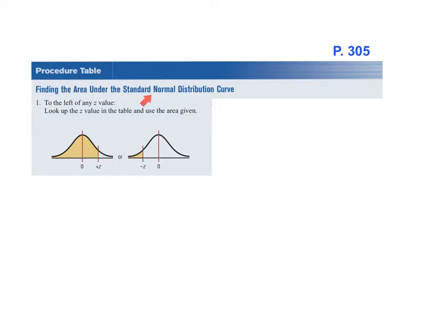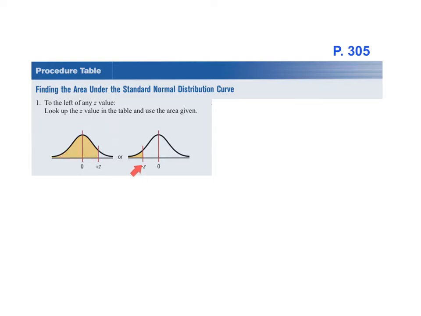So when you're finding the area of the standard normal distribution curve, and we're looking to the left of a z-value. So notice here, they picked out a particular positive z-value. If we're trying to find the area to the left, all you do is look up the z-value in the table. And the coinciding number that goes with that z-value will tell you this area.